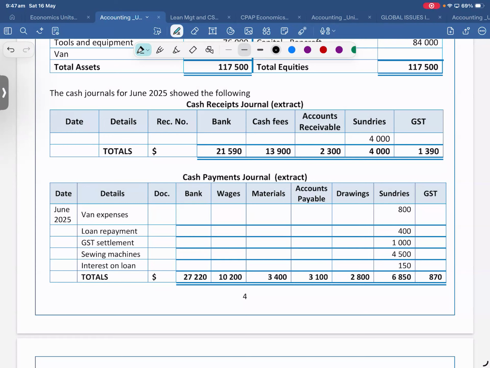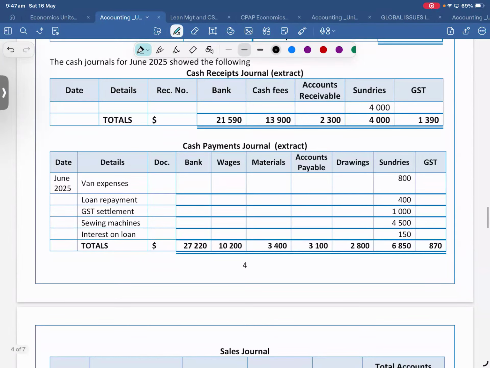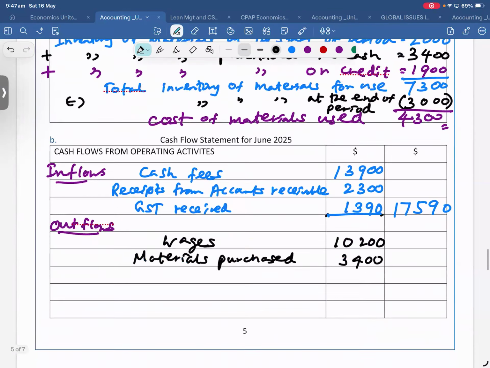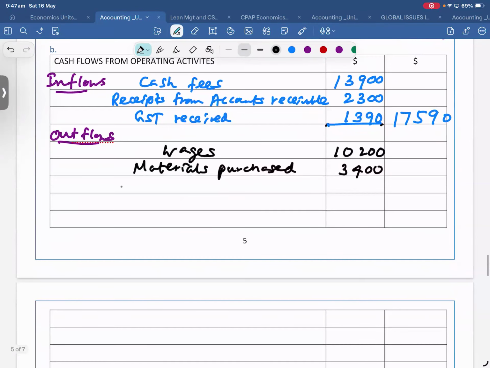So that's not an expense necessarily, but is it going to the cash flow? It's an outflow in operating. $3,100.